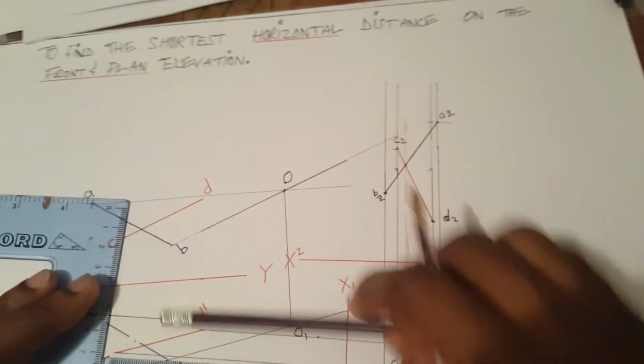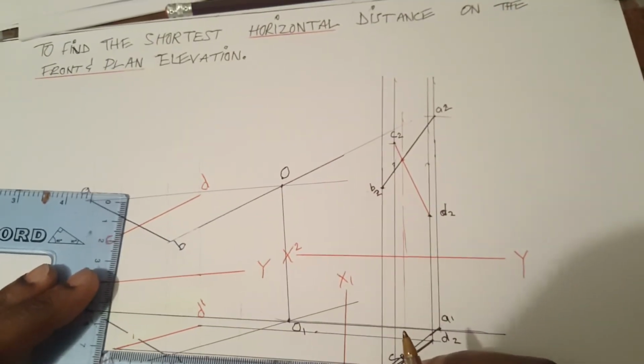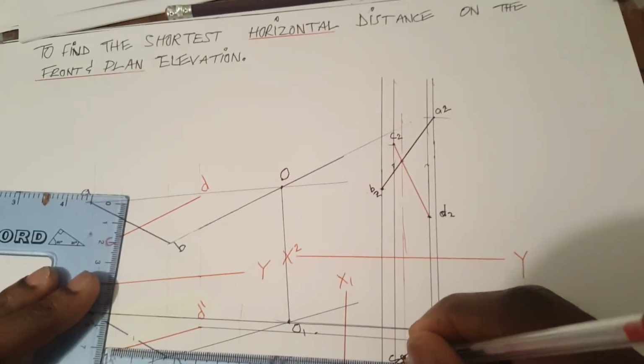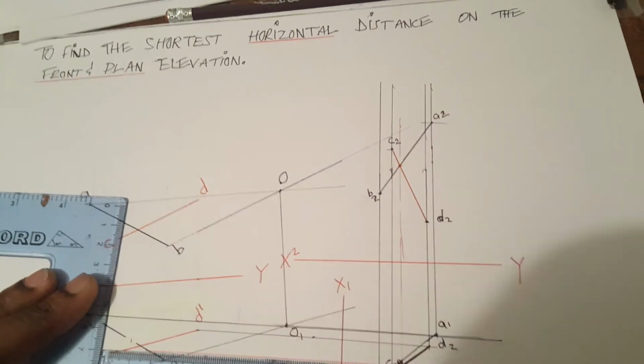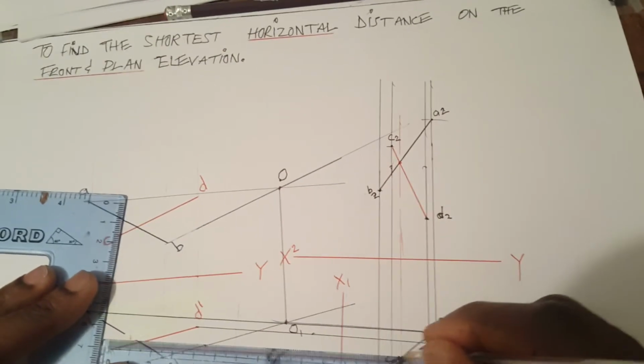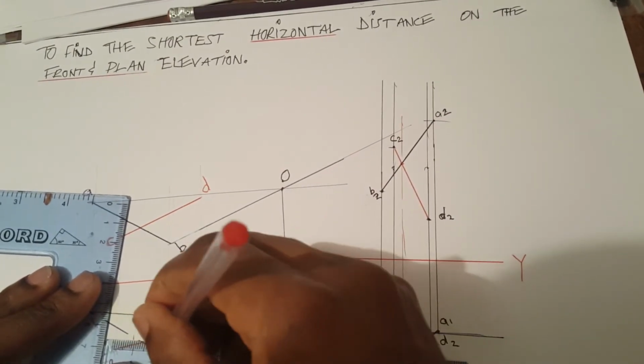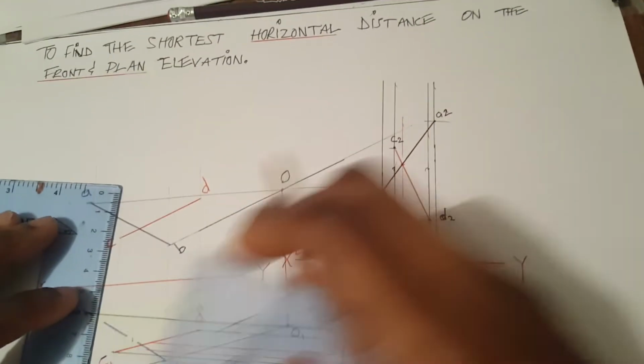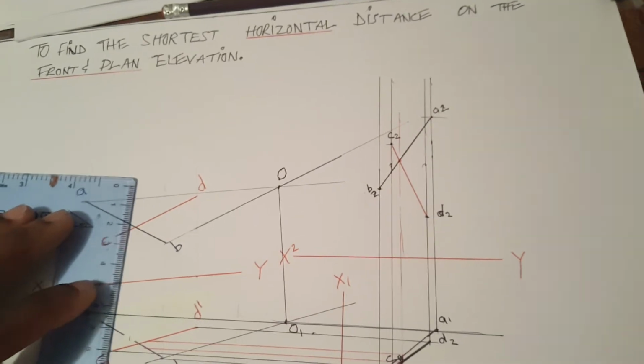So I align this up like here, and I bring this across like here. And here is the shortest horizontal distance, right here.